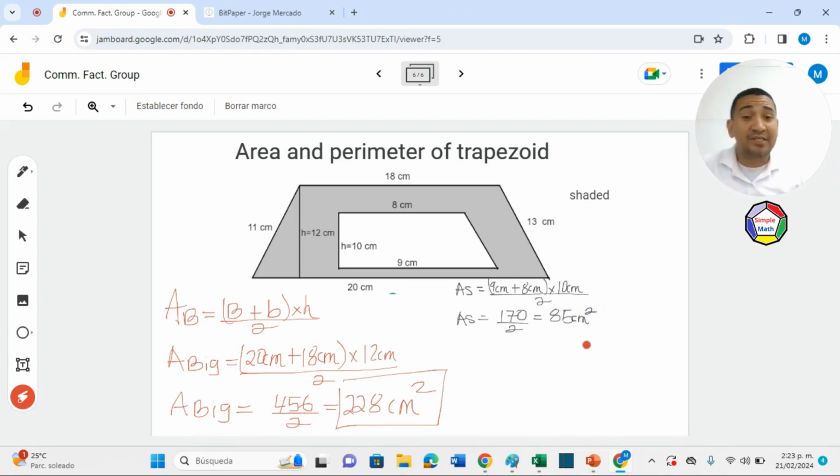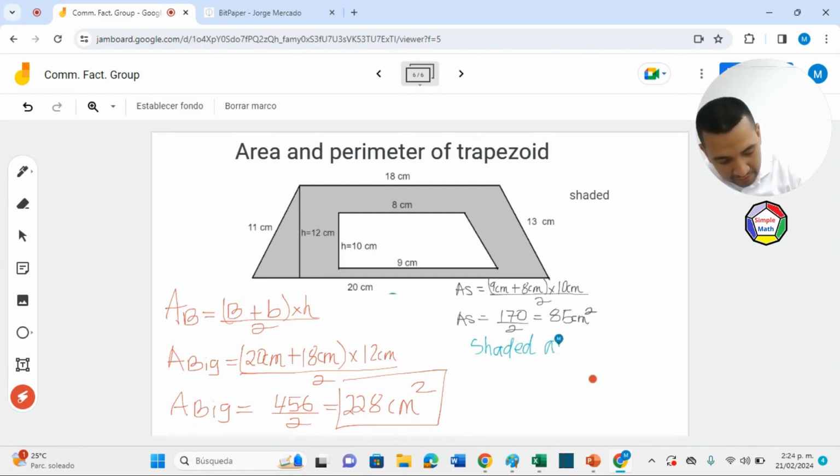Now it's time to calculate the shaded area. I'm going to change the color again. To calculate the shaded area, we subtract the big area minus the small.